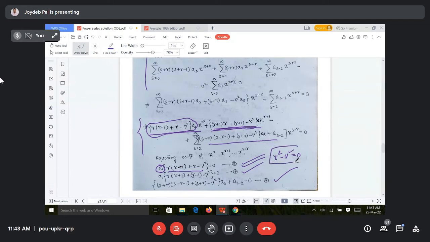So always in case of Bessel's equation, the indicial equation is of the form r square minus nu square is equal to 0. It means the roots are what then? Roots are plus minus nu. That means the value of r is plus nu and minus nu. So for plus nu we will get a solution, and for minus nu we will get a solution, right? Yes, sir.